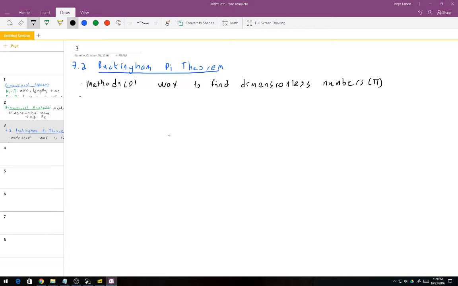And there is a simple formula that determines how many pi terms we need to describe a system.